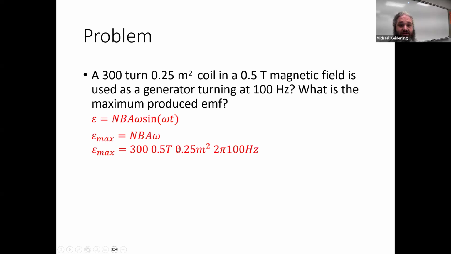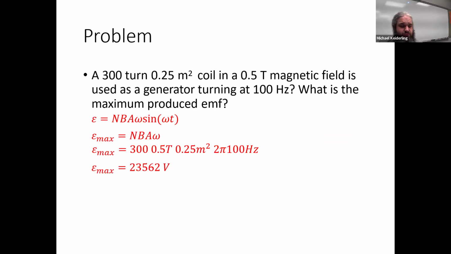So here that's 300 turns times 0.5 Tesla times 0.25 meters squared. And omega is 2 pi times frequency, which is 100 hertz. So that's going to generate a maximum of 23,562 volts.